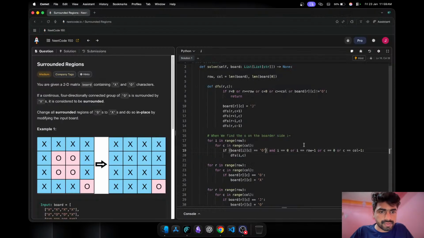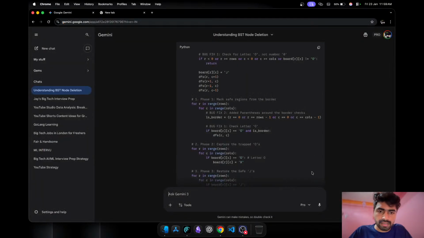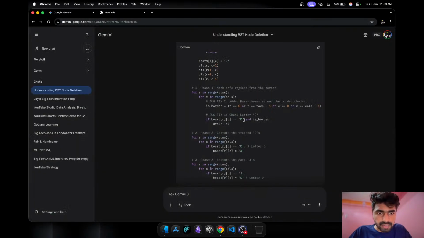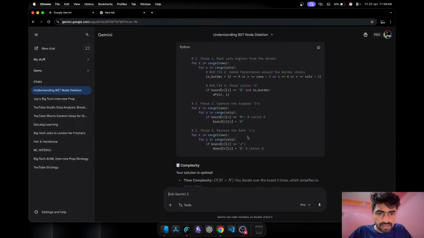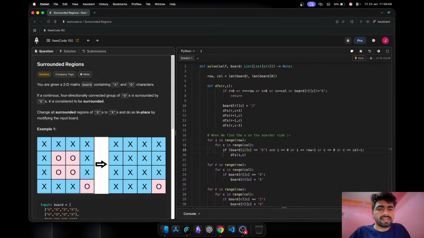Right, I equals row minus 1, C equals 0, C equals column minus 1. Okay, the bug fix: letter O. Restore the safe J. I think it will work now.